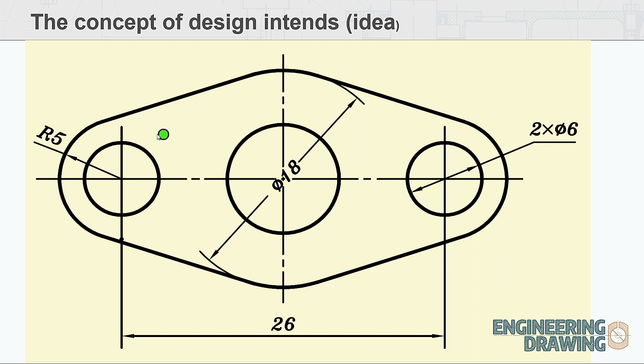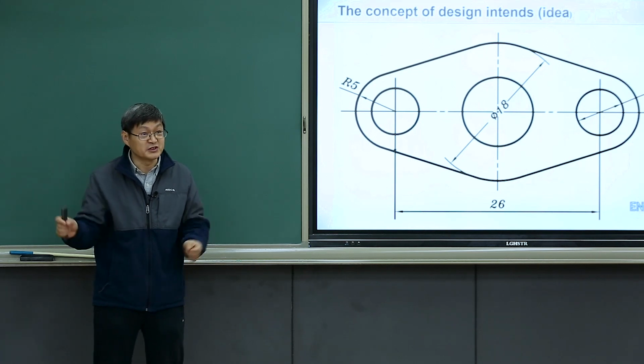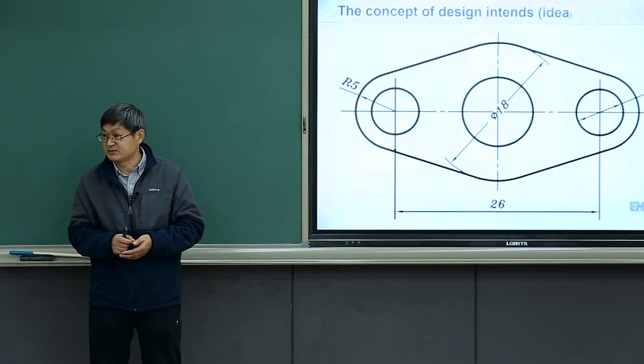So the size of this and this should always be the same. In this case, we shouldn't make a radius 5, and also another radius 5. If we make another radius of 5, that means these 2 circles may be different. The size may be different.